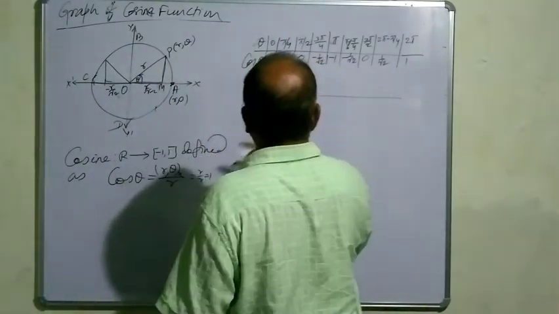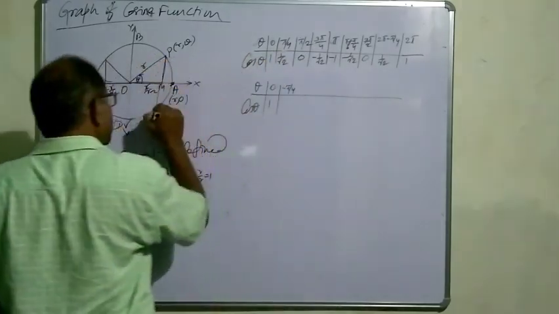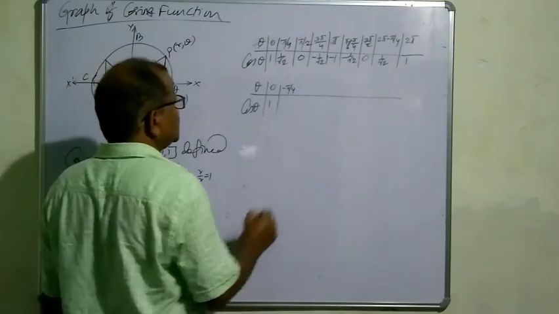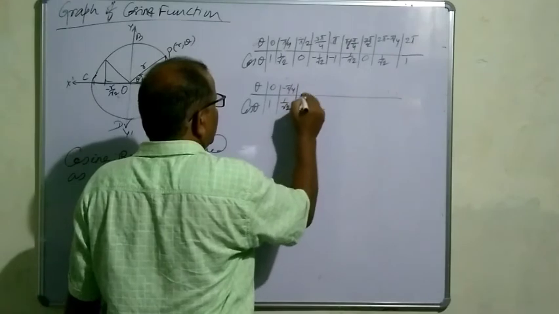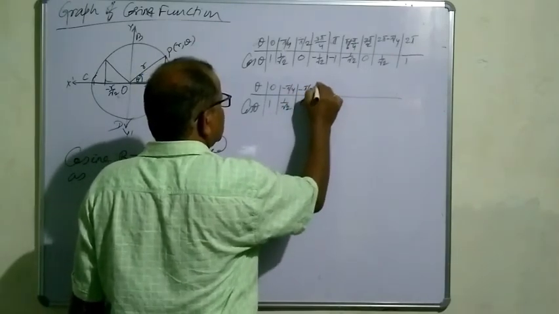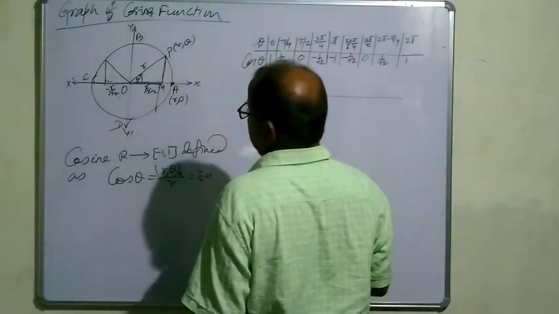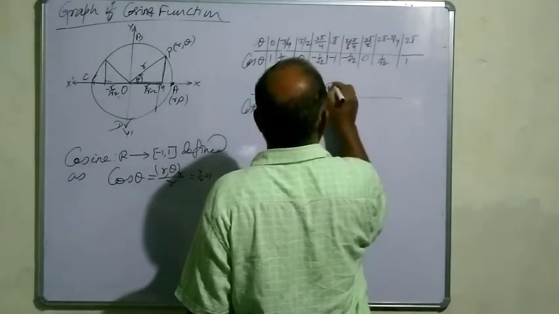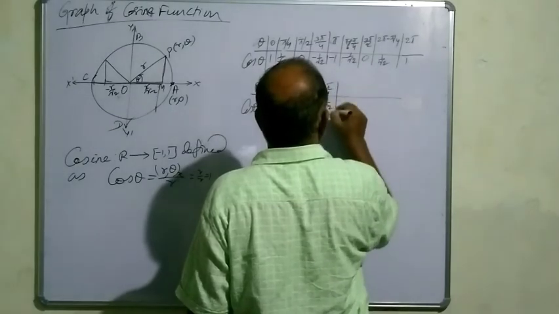Minus pi by 4 means the x coordinate will be positive, r by root 2, so its value will be plus 1 by root 2. When it is minus pi by 2, its value will be 0. At minus 3 pi by 4, its value will again be minus 1 by root 2.